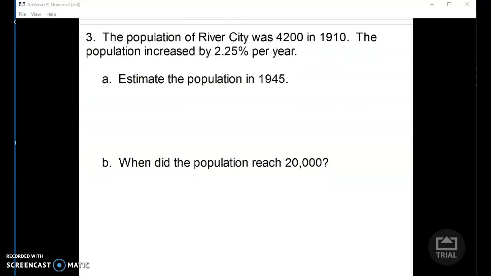So moving on to number 3, we just have a little example here. The population of River City was 4,200 in 1910. The population increased by 2.25% per year. Okay, so things that we know from here: this 4,200 is our initial amount.